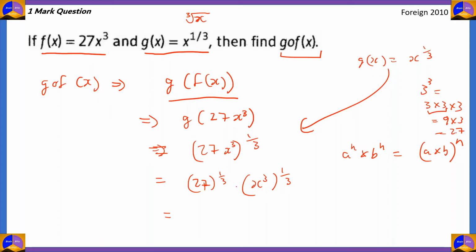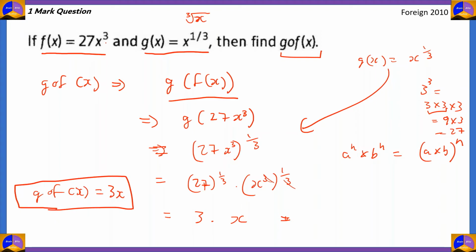So 3 cubed is 27. So cube root of 27 will be equal to 3 times cube root of x cubed is the same as x. So the 3 and 1 by 3 gets cancelled. So we get x.